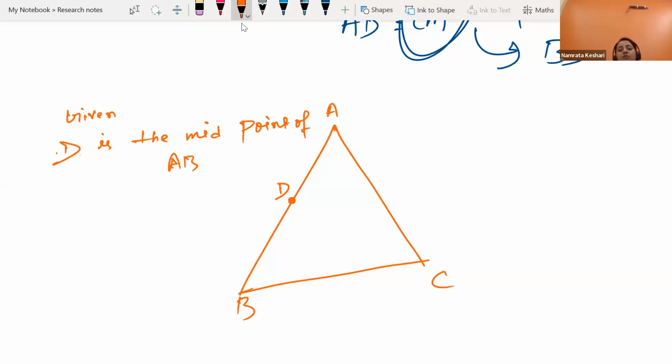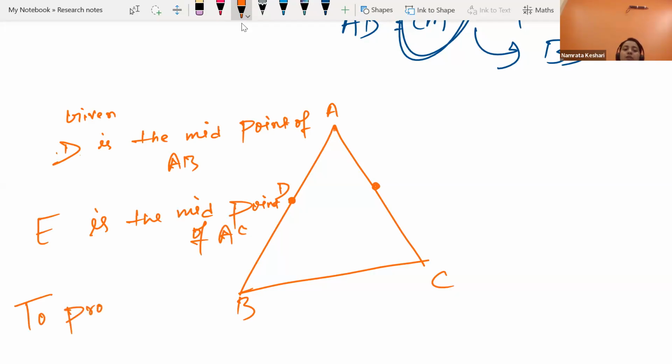And it is also given over here that E is the midpoint of AC. Then we have to show that when we join these two midpoints, the line segment obtained, DE, is parallel to BC. That's what we have to show.